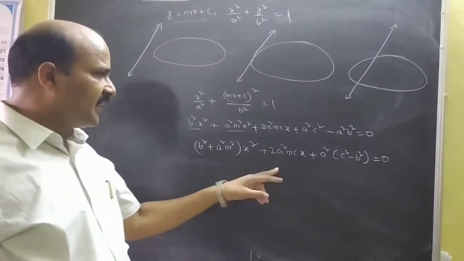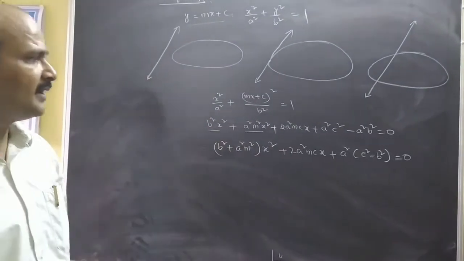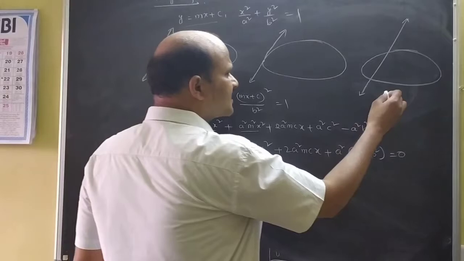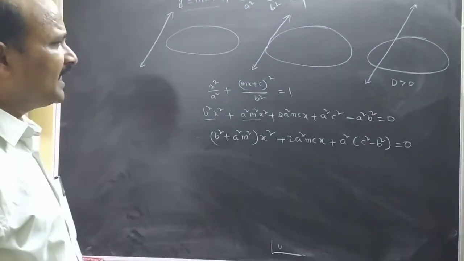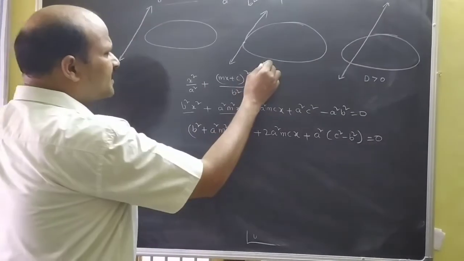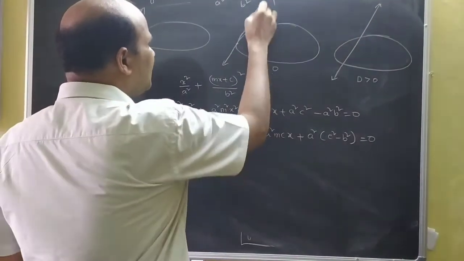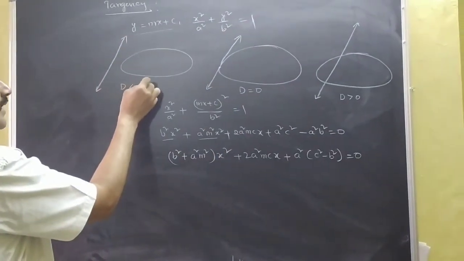Now this equation has two different values. If the discriminant is greater than 0, the line is intersecting at two different points. If the discriminant is equal to 0, the line touches the ellipse, and D less than 0 is the other case.